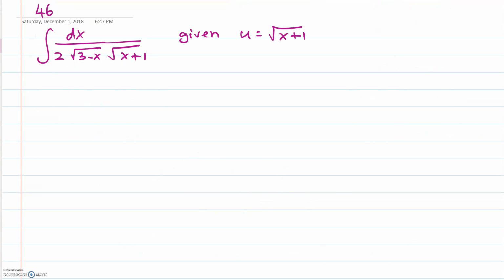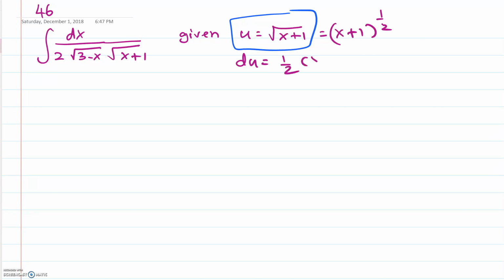This is problem number 46 in section 5.8. This problem is easy to start with because u is already given in the problem, right? So we're going to work with this u. Derivative part: du equal to, this is going to be x plus 1 to the half, so half x plus 1 to the negative half dx.